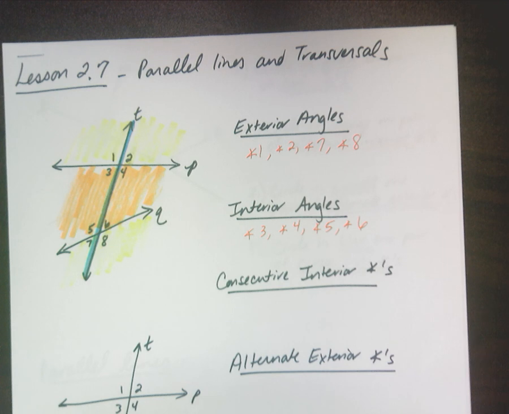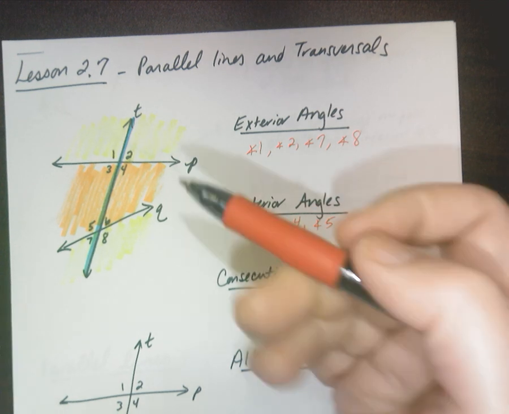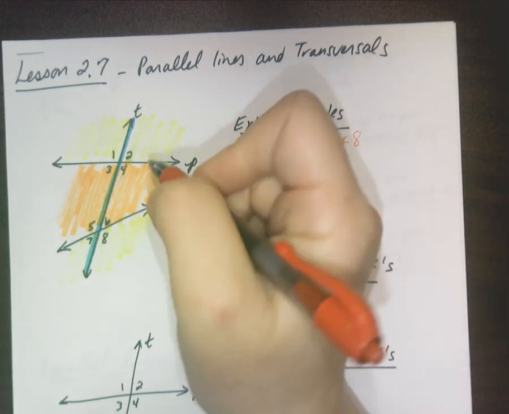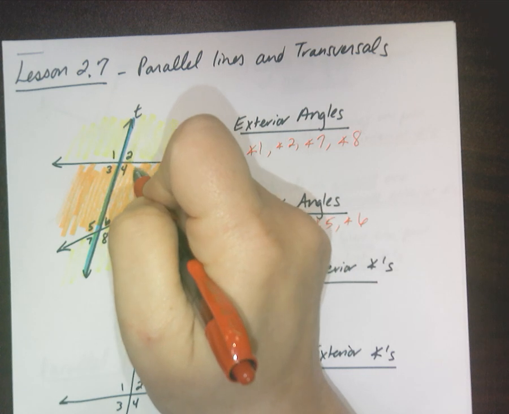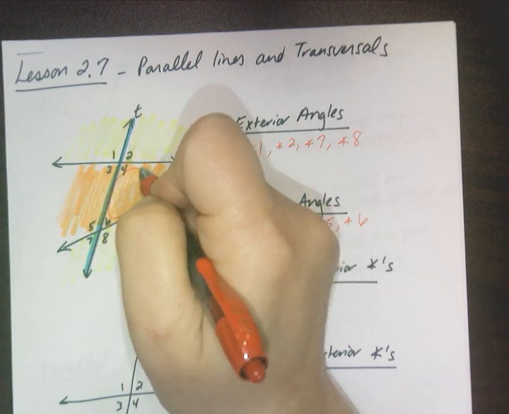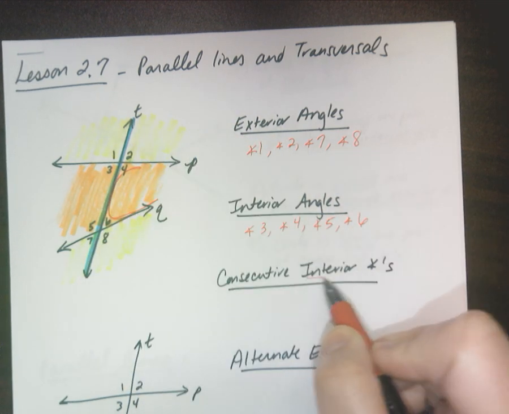Then we have something called consecutive interior. Consecutive. So this is where knowing words helps you out. If you're consecutive interior, my teacher used to help me out and remind me that they would make a U shape or a sideways U, but consecutive interior are these two right here. Consecutive on the interior.